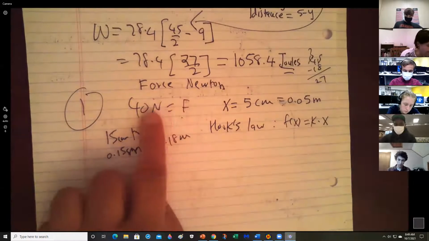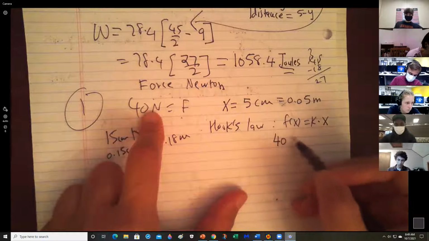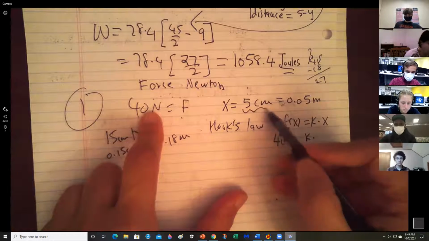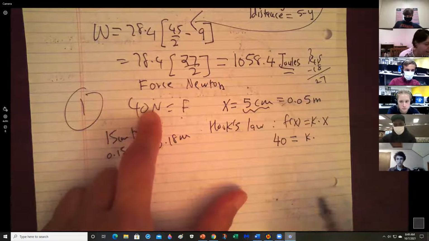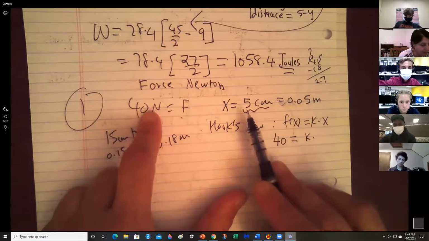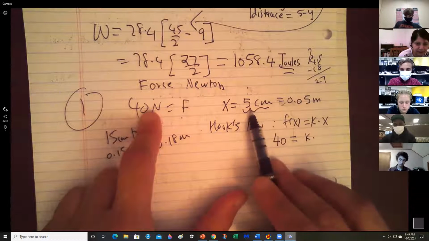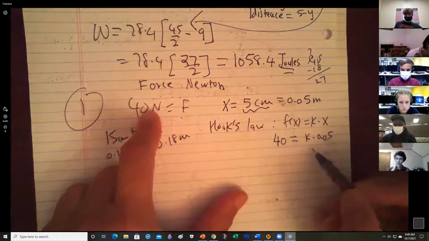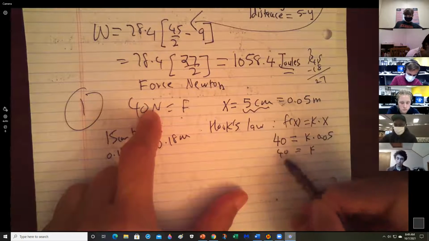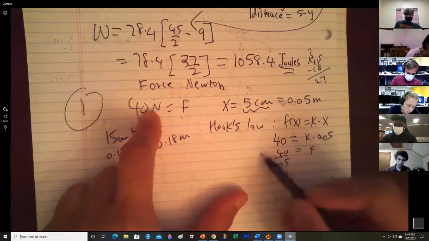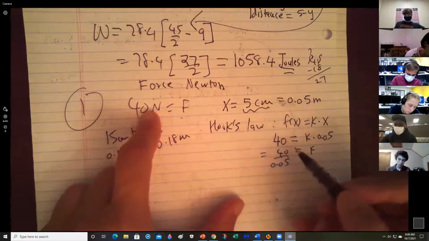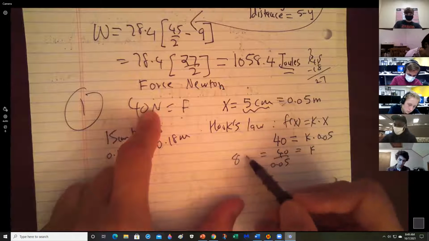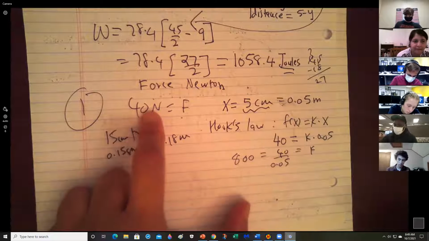So you are told that 40 newtons is the force applied in order for the stretch to go from 10 centimeters to 15 centimeters, which is a 5 centimeter stretch. Can you see that? So 0.05, get me the k, 40 over 0.05. 800, or something?